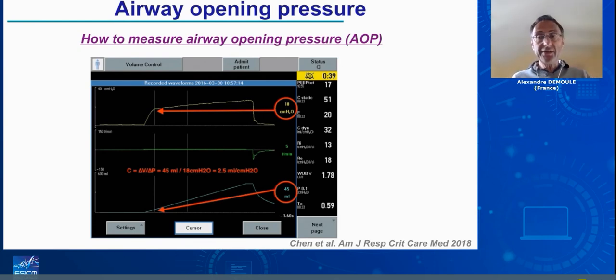You decrease the inspiratory flow a lot, to 5 liters per minute. And then you make a kind of low flow inflation pressure curve and you monitor the pressure. And you see here that we have this pattern with kind of two arms. And here we have this airway opening pressure.